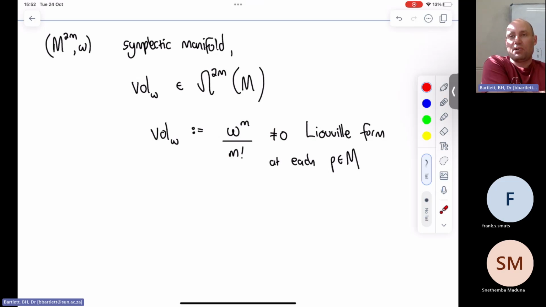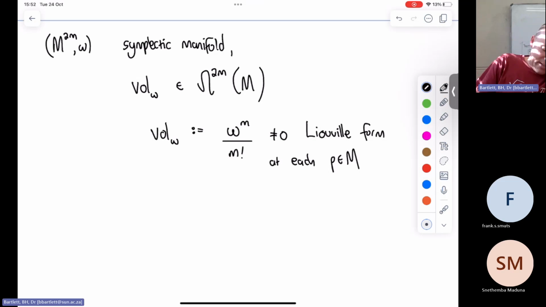Since I have a symplectic form, it is non-degenerate. Okay. So I've got this thing which is non-zero, and it's an element of the top exterior power at each point. So in other words, it's a way to measure volumes at each point in the manifold. So it's something that you can integrate over the manifold itself. That's why it's called a volume form.